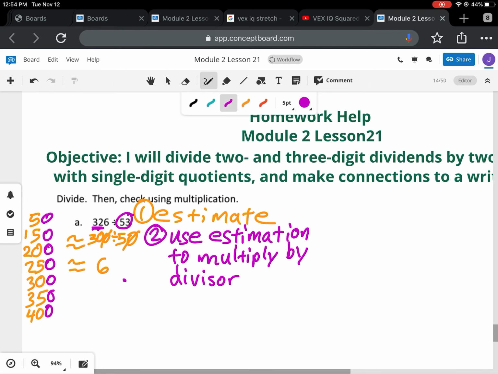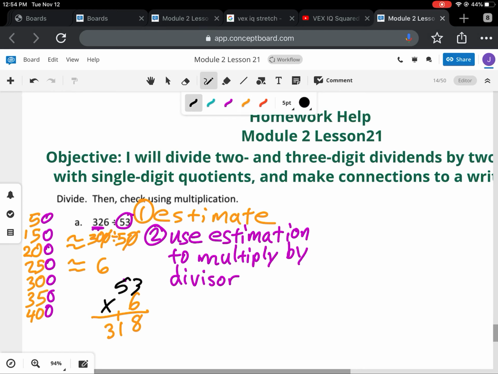Okay, so now I'm going to take the 53 and multiply it times my 6, and I'm going to get 318.